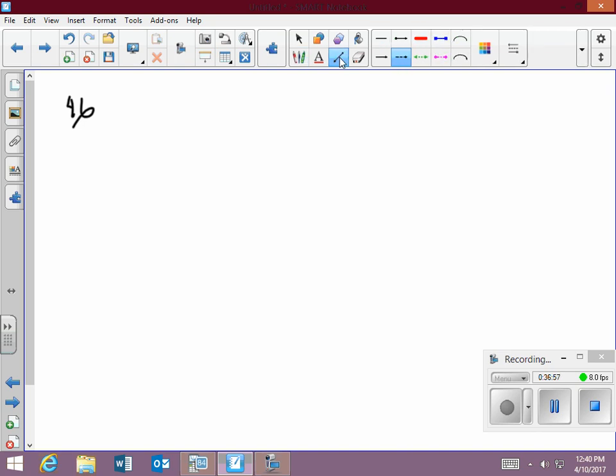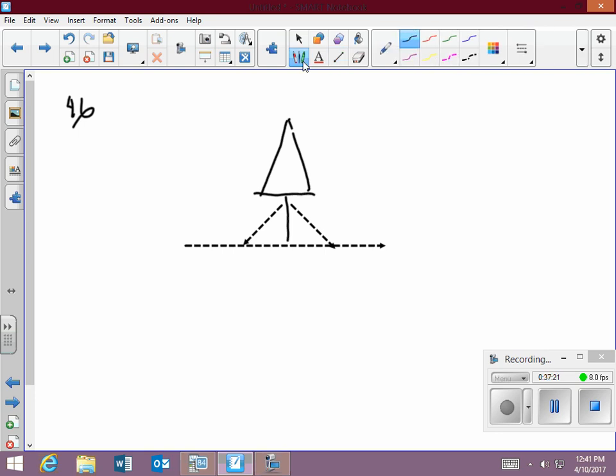So, you got your tree. Then you got, how could you guarantee that tree would be perpendicular?